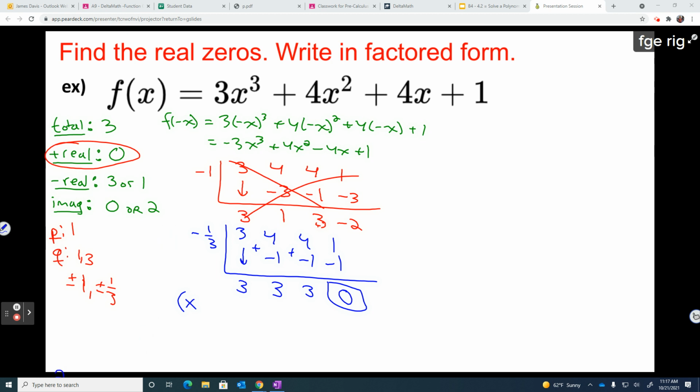This one is always going to be the opposite because it's like x minus negative a third. So it actually is x plus 1/3. So think about when you solve it, when you set this equal to 0 and solve it, it becomes negative a third. So we want to write it as x plus 1/3. And then here we've got 3x squared plus 3x plus 3.